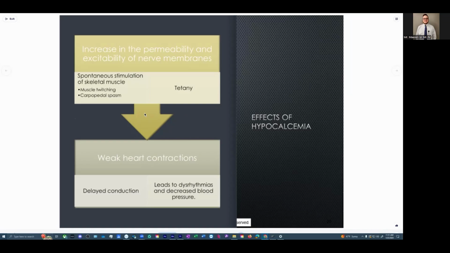What happens? Very similar to some of our other stuff, but let me explain it this way because this one confuses people a lot. So when you have low calcium, you tend to have a more excitable system: spontaneous muscle contraction, twitching, a syndrome called tetany.